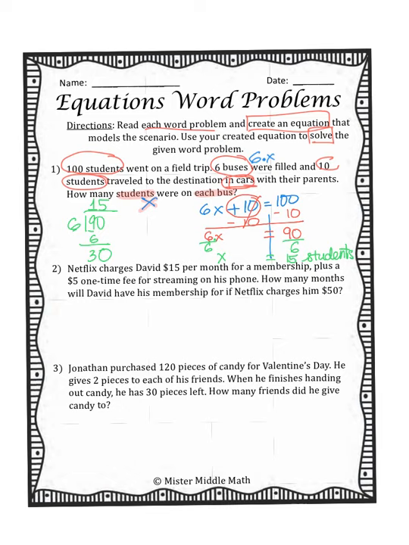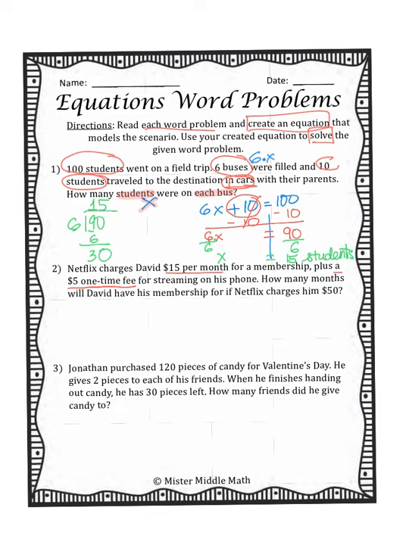Number 2. Netflix charges David $15 a month for a membership plus a one-time fee. The one-time fee is $5 for streaming on his phone.